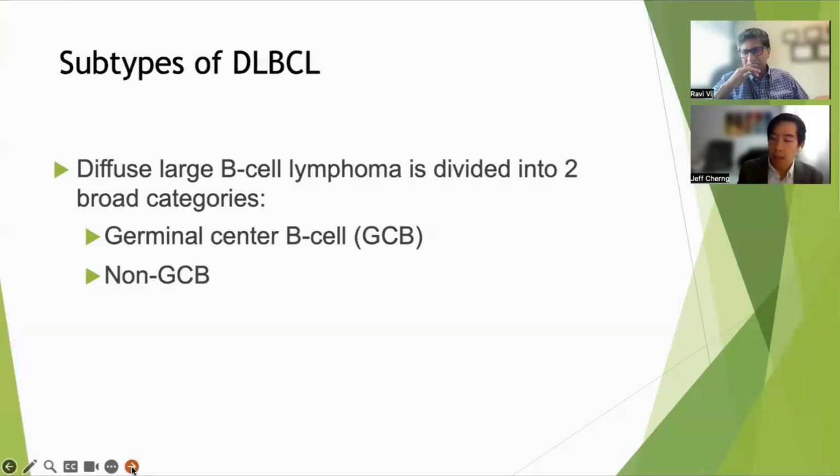This hasn't historically had too many implications with regards to frontline management, but likely has a lot of significance for response to novel therapies. And as we bring more novel agents up into the front line now and in the future, this may play more of a role in our treatment selection for newly diagnosed patients.